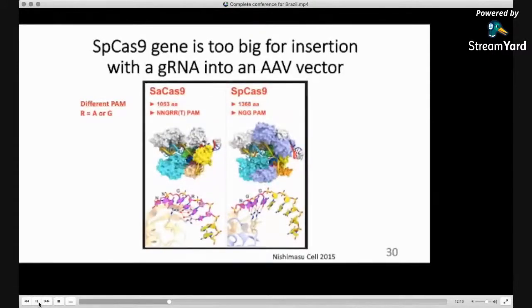The SpCas9 gene is too big to be inserted with a single guide RNA inside an adeno-associated virus, and thus researchers have identified Cas9 from other bacteria that are smaller. For example, the Staphylococcus aureus Cas9 is smaller than the SpCas9, but it has a different PAM which is more restrictive.